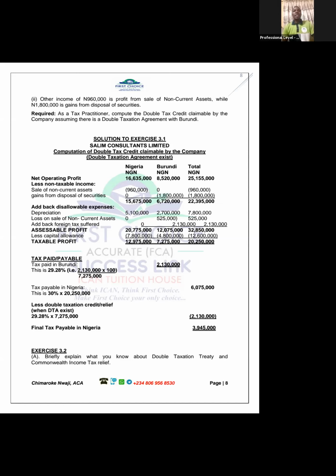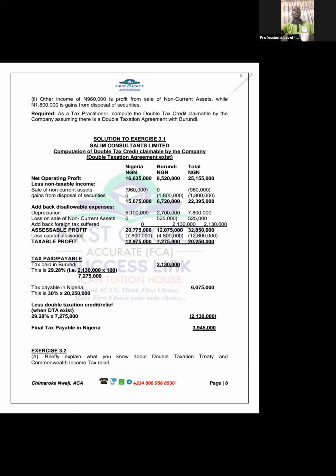If, on the other hand, the Commonwealth tax rate exceeds the Nigerian tax rate, the double taxation relief will be the amount by which the Nigerian rate of tax exceeds 1/2 of the Commonwealth tax rate. Now, this is the answer to the Part A question.